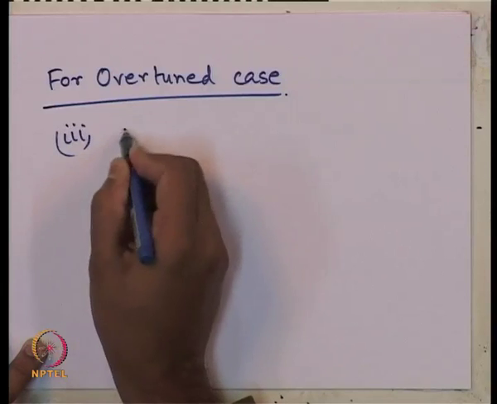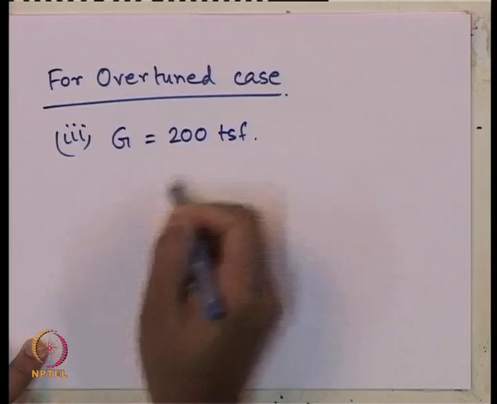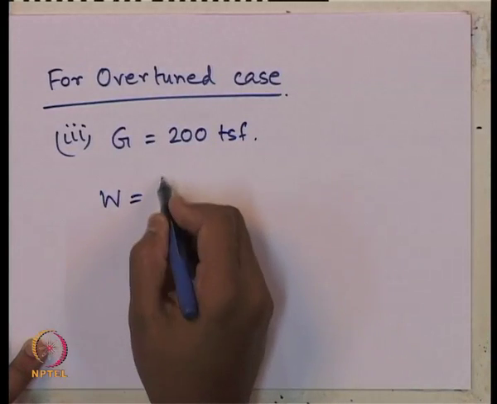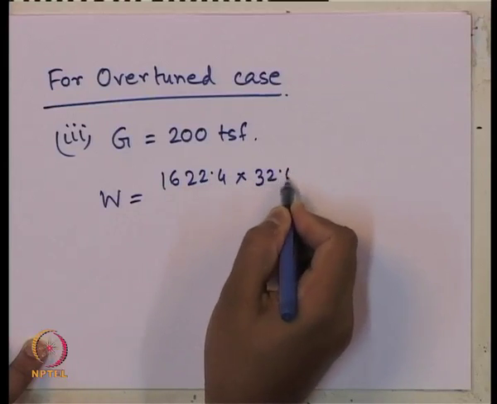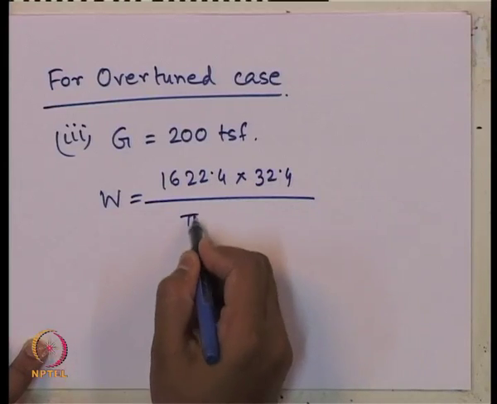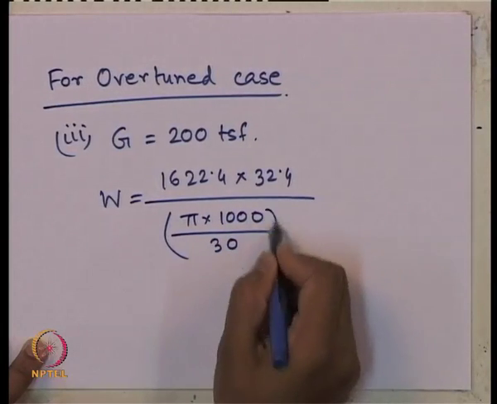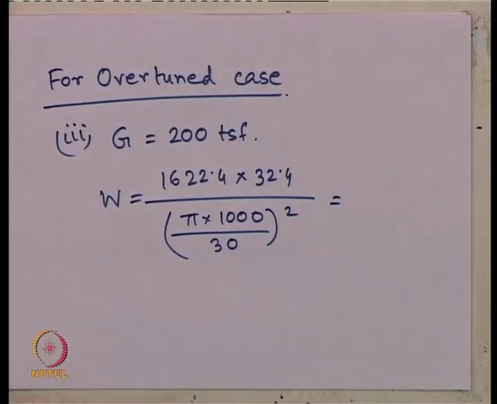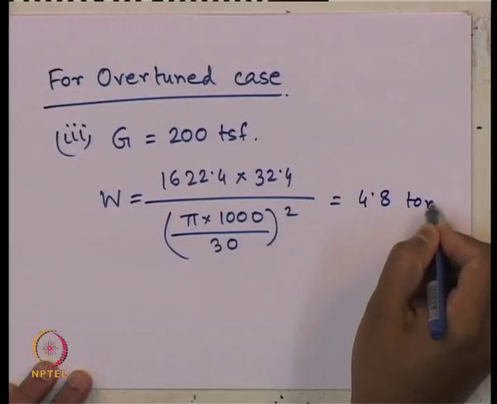With G value of 200 TSF, W is 1622.4, 32.4 by pi into 1000 by 30 whole square, 4.8 tons.